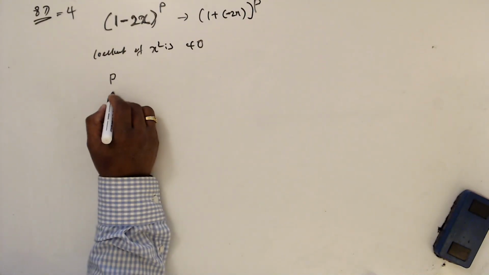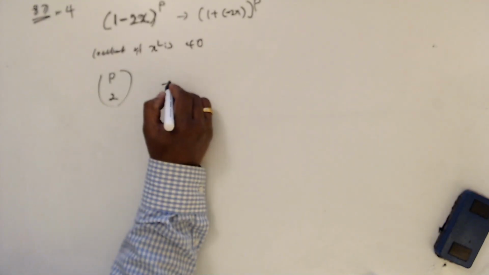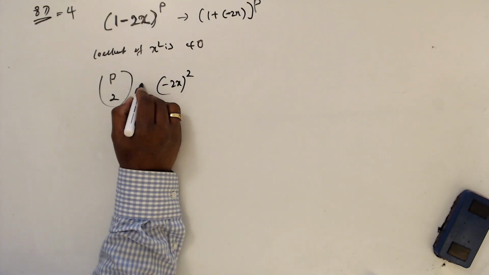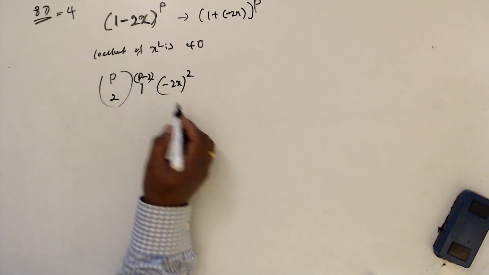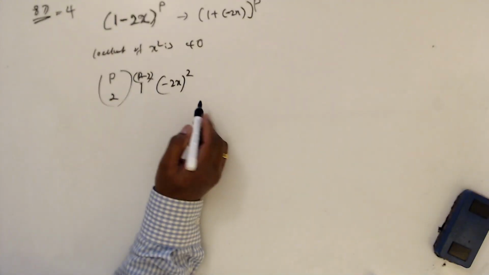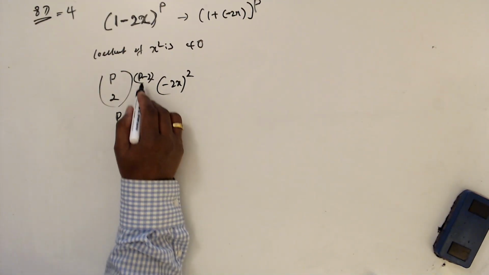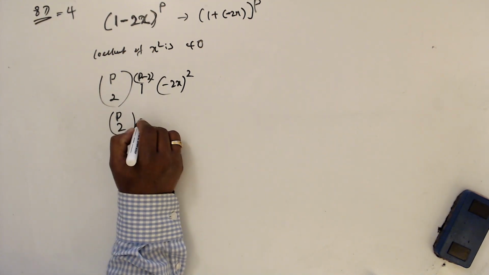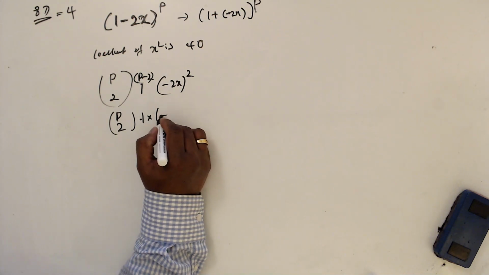Then p choose 2 times minus 2x squared, and 1 to the power p minus 2. Addition is 2. So p choose 2, whatever the power is, 1. So this is 1 times minus 2 square, which is 4.